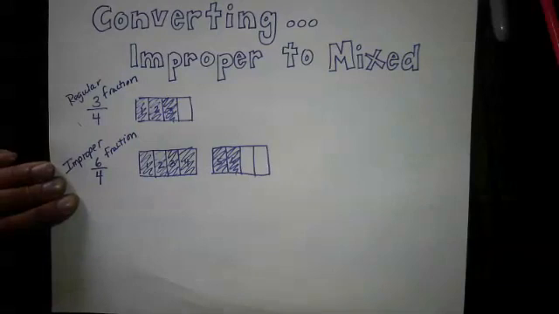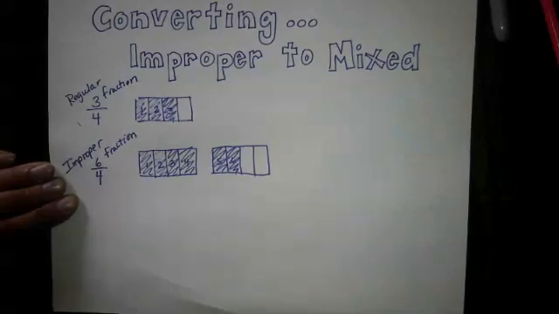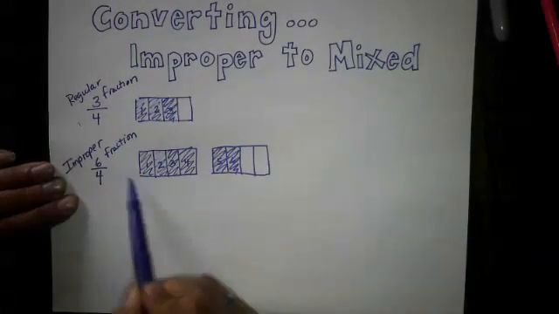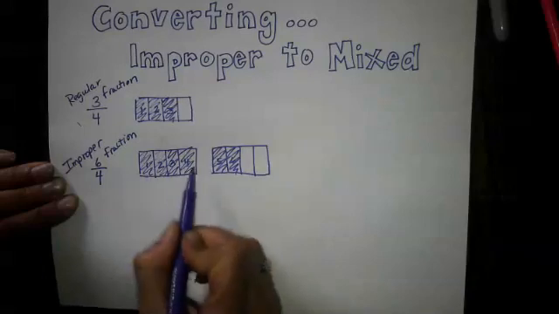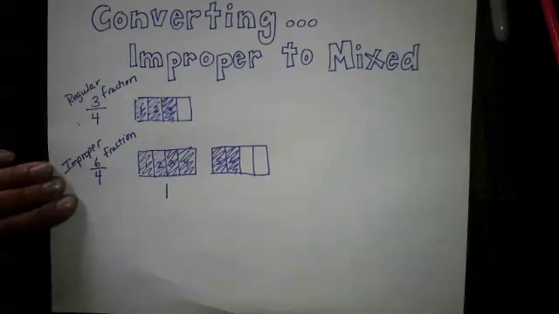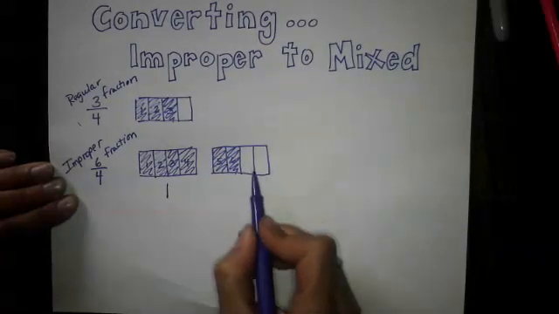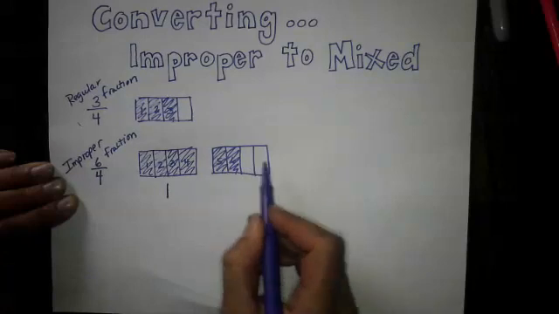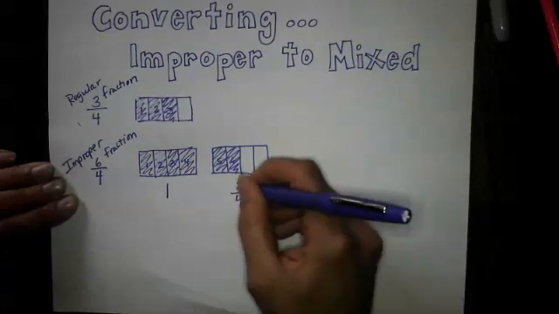Now, if I said to you, I want you to take this improper fraction and make it a mixed number, we'd have to look closely at this picture. Well, if I look at this part of the picture here, I can tell that I have 1 whole candy bar colored in. But when I look at the part next to it, I can see that I have 4 parts total, but only 2 of them are colored in.